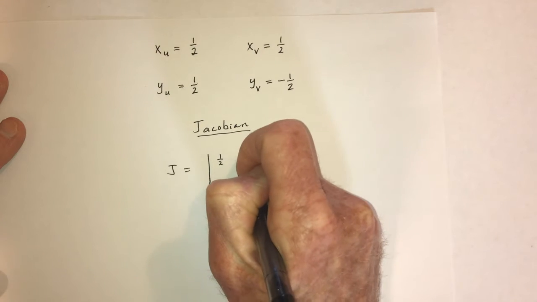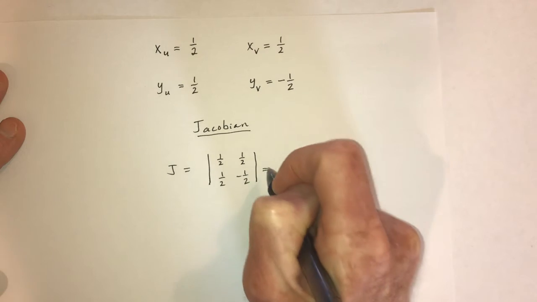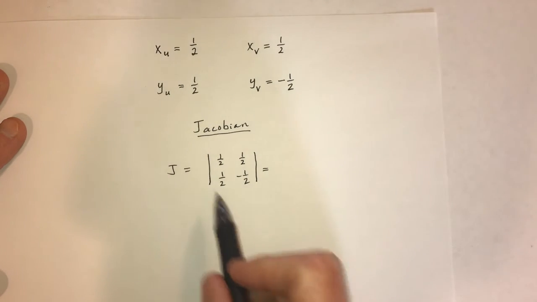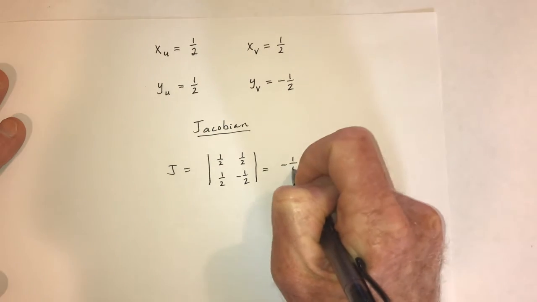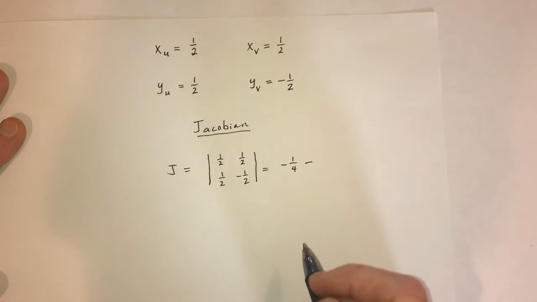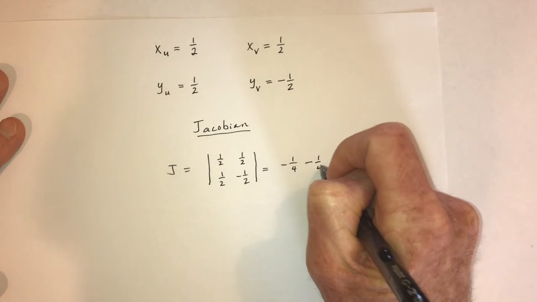So it's going to be a half, a half, a half, and negative 1/2. So when you multiply these guys, that's going to be negative 1/4. And then minus, when you multiply these guys, that's going to be a 1/4.